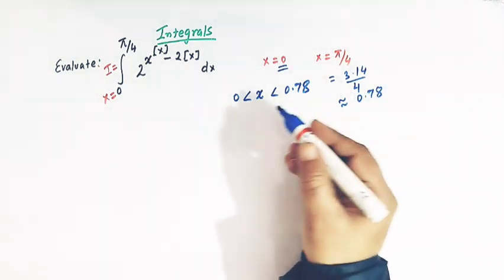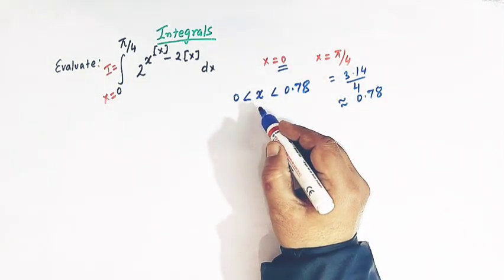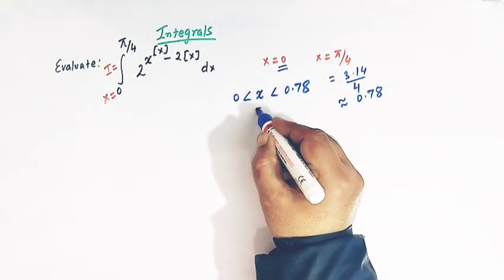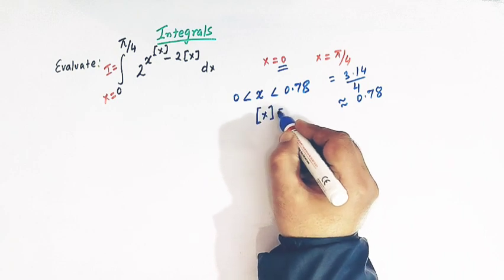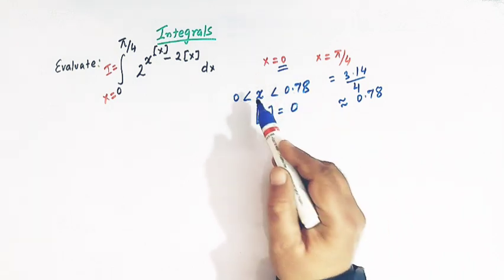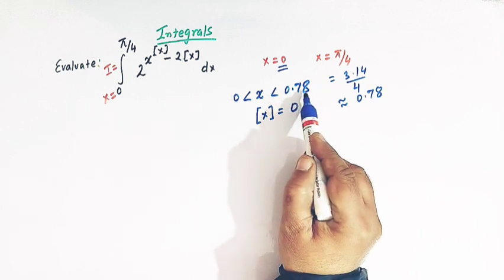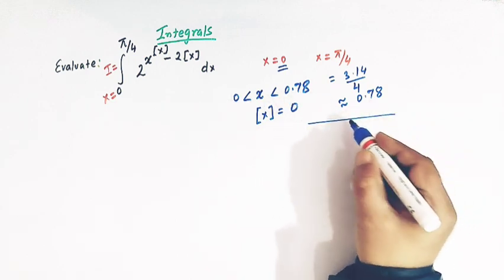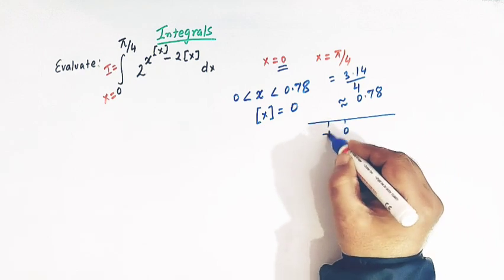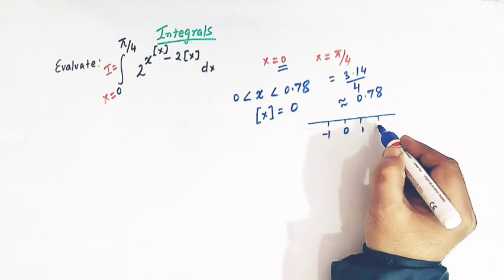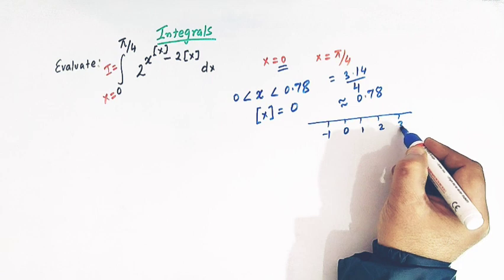We know from the definition of greatest integer function that the greatest integer of x is equal to 0 when x lies between 0 and 0.78. Because if we have here 0, here we have -1, here we have 1, here we have 2, and so on.